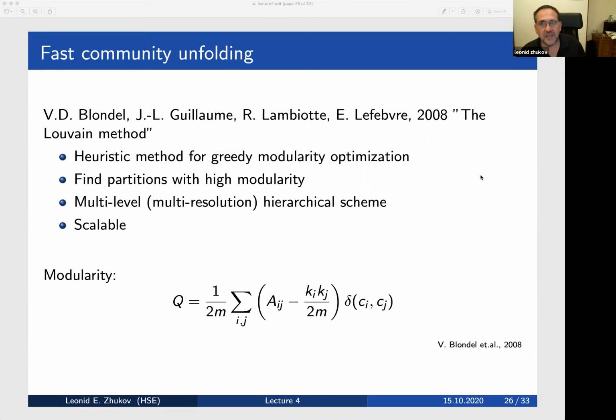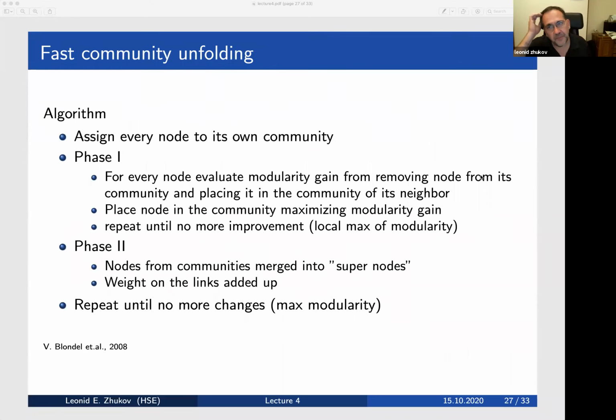Remember, in edge betweenness, we found those edges with a high level of betweenness and removed them, and then we used modularity just to check the quality of the solution. Here, we're actually going to try to optimize the modularity score itself by the algorithm. So here's the algorithm. The idea is that we start by assigning each node to its own community.